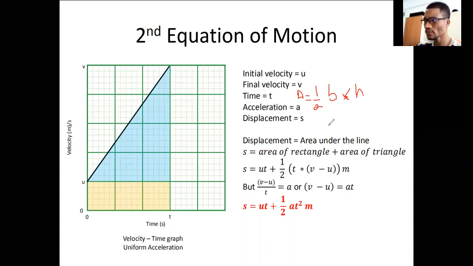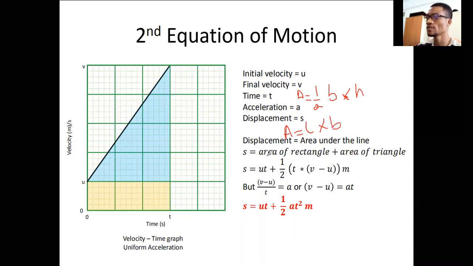And then plus area of a triangle. The area of a rectangle is given as length times breadth, that's LB.